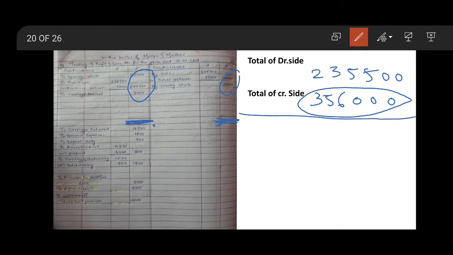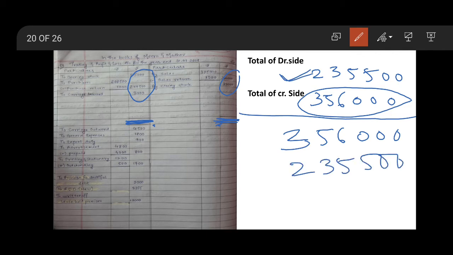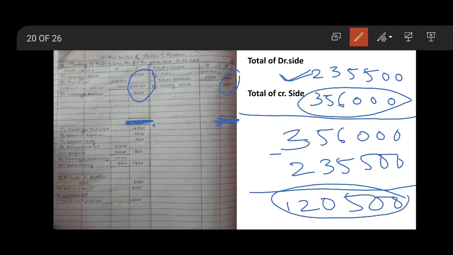Now out of this 3,56,000, we'll deduct the total of debit side, that is 2,35,500. So deduct it and you will get the answer as 1,20,500, which is treated as gross profit. Here upside we will write 1,20,500, writing gross profit.